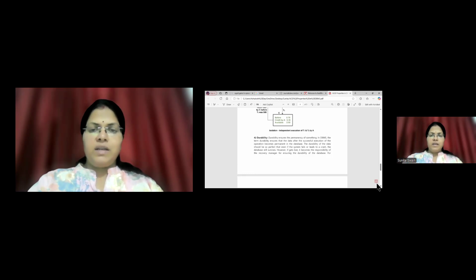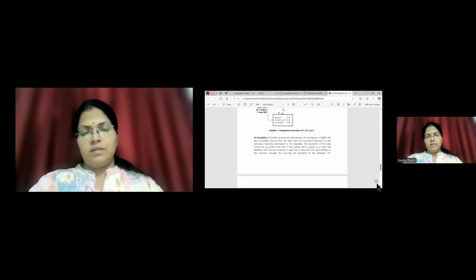So in terms of database management system, the term durability ensures that the data after the successful execution of the operation becomes permanent in the database.